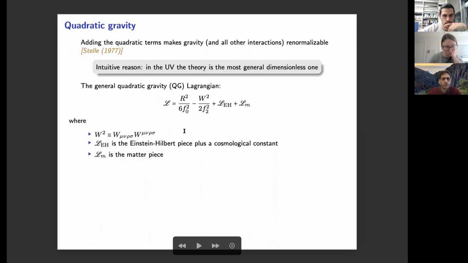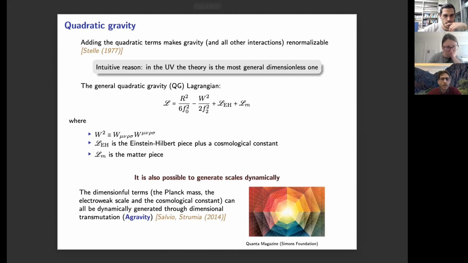I call it f_2, just to make the contact with my papers. I also wanted to stress that it's also possible to generate scales dynamically. These scales are the Planck scale, the cosmological constant, and the electroweak scale. And in this case, we call this theory agravity, a dimensionless gravity.